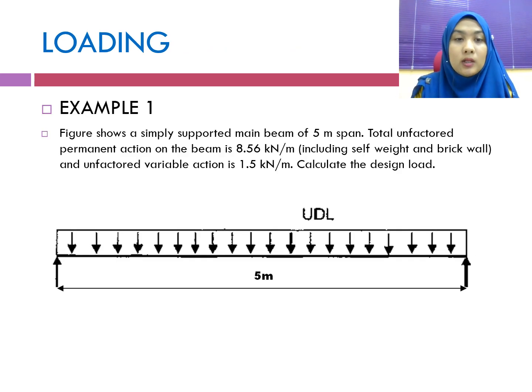Okay, so loading. Let's calculate loading. The figure shows a simply supported main beam of 5 meters span. So let's say this is a beam 5 meters long. Total unfactored permanent action on the beam is 8.56 kN per meter, including self-weight and brick wall, and unfactored variable action is 1.5. So calculate the design load.